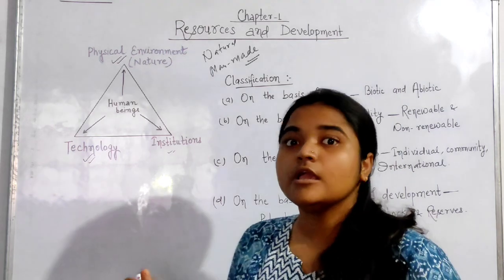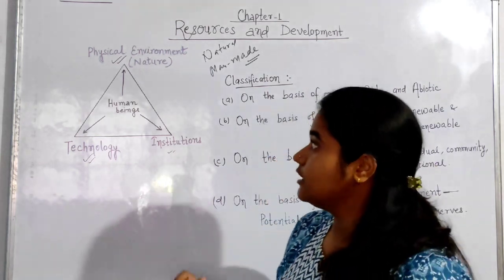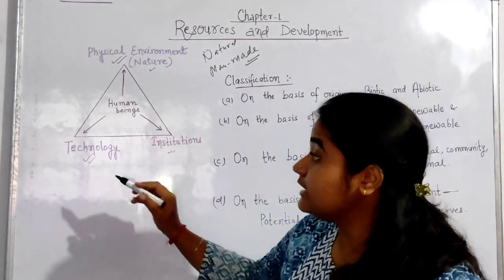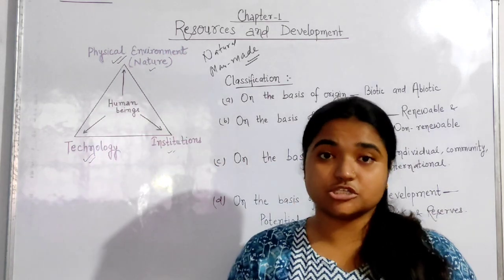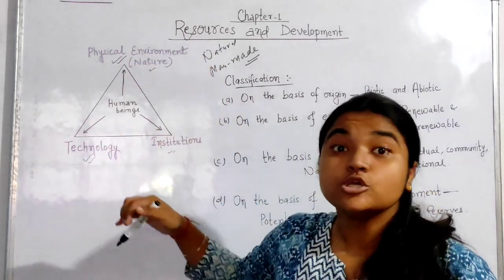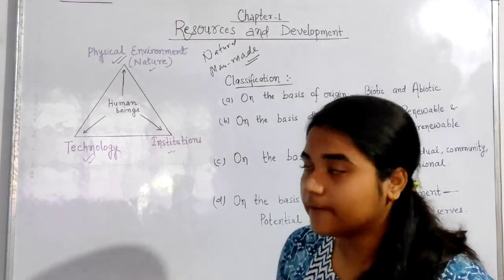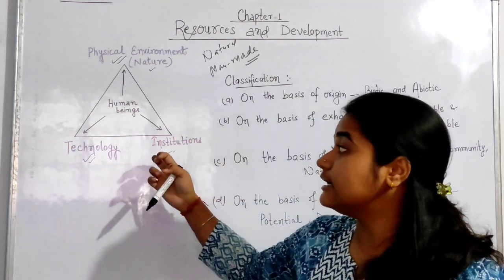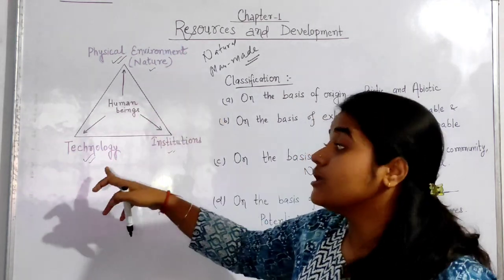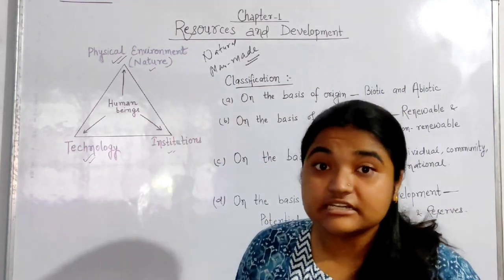Like if I have to keep my body on the earth also, I need the physical environment, isn't it? So I need nature. Secondly, if we are having the natural environment, we need technology so that we can use these resources to convert into a useful product. Clear? And where will we convert the resources using technology as a developmental resource?